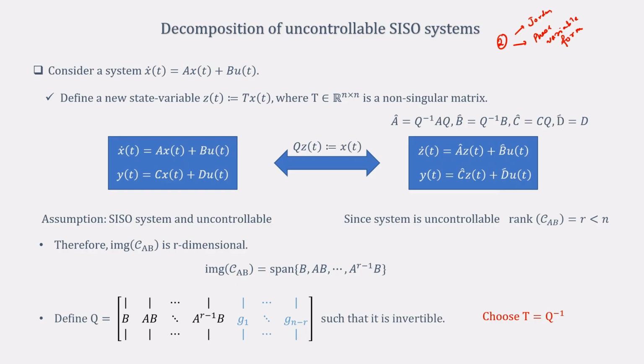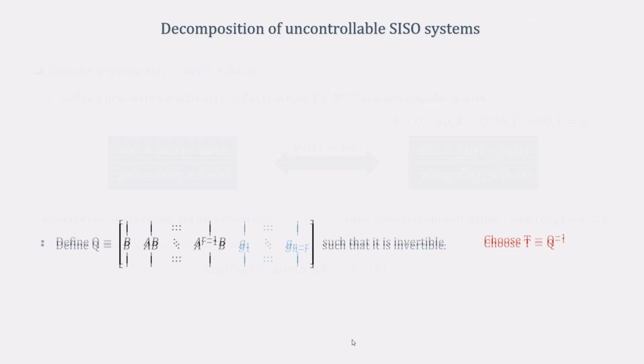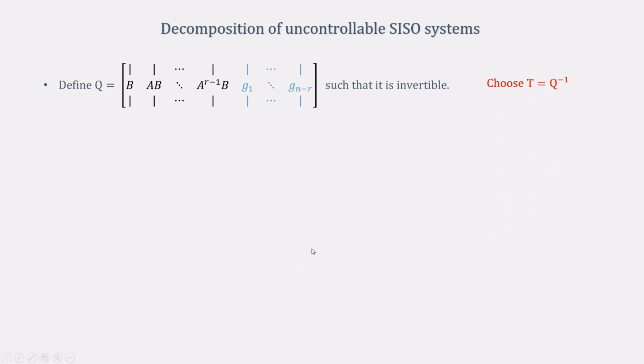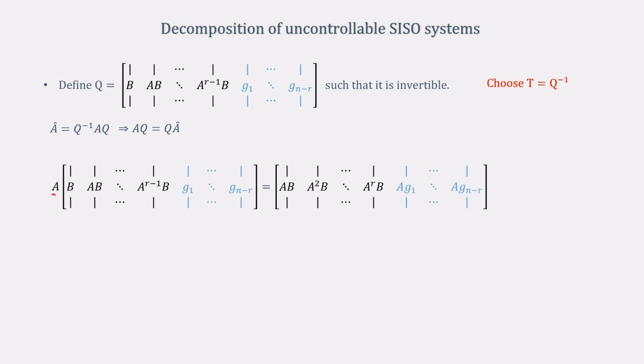Now, let us find out, if we choose T equal to Q inverse, then what type of form do we get? Notice that A hat was Q inverse AQ. So, I can write AQ equal to Q A hat. The left hand side is A into Q. This was your Q. If I multiply out, what do we get?